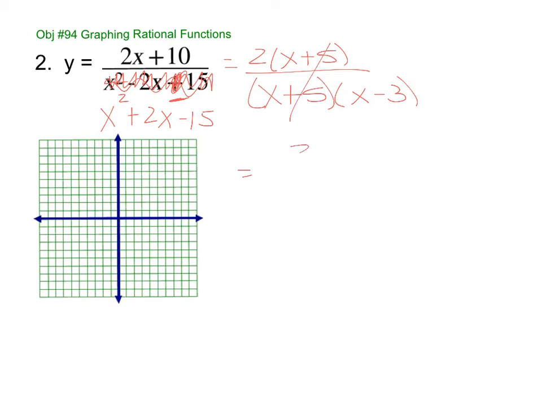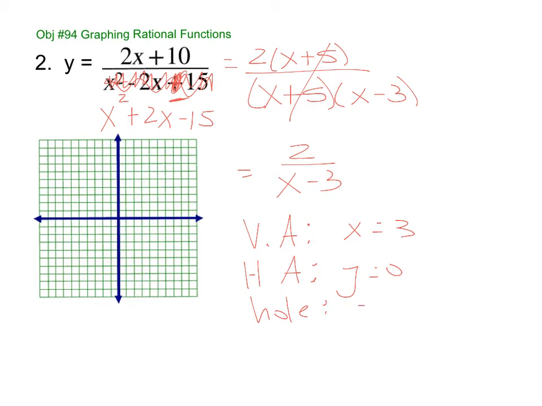All right, so we get 2 over x minus 3, which means my vertical asymptote is at x equals 3. My horizontal asymptote is y equals 0, and I have a hole at negative 5, comma, 2 over negative 8, so negative a quarter. So negative 5, negative a quarter. I'm just going to put that right in there.